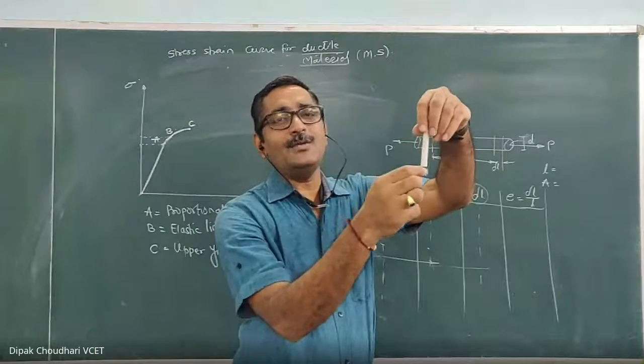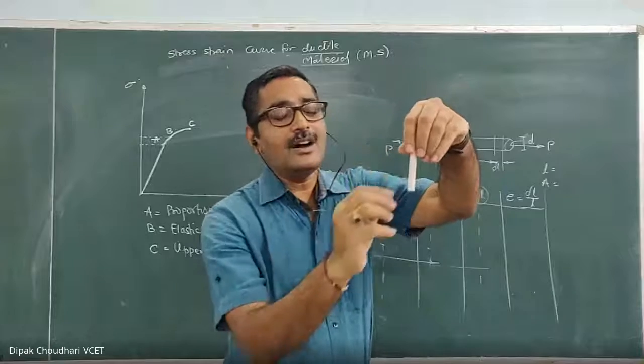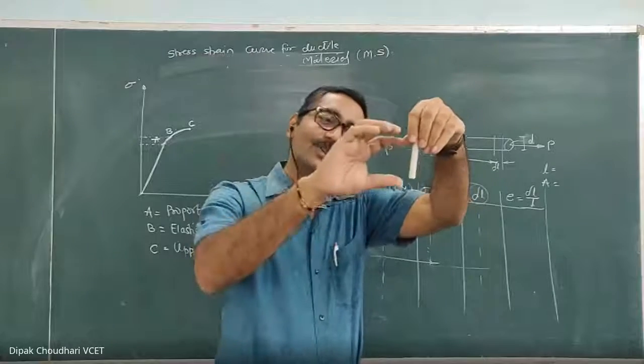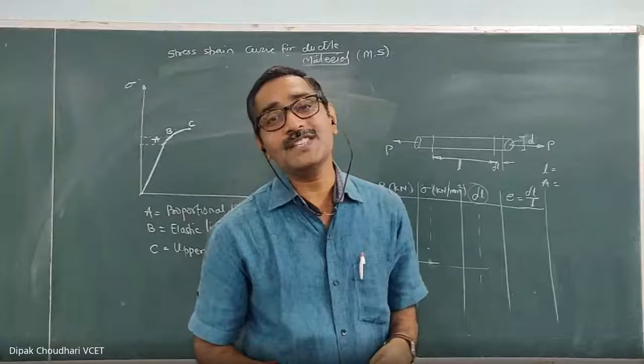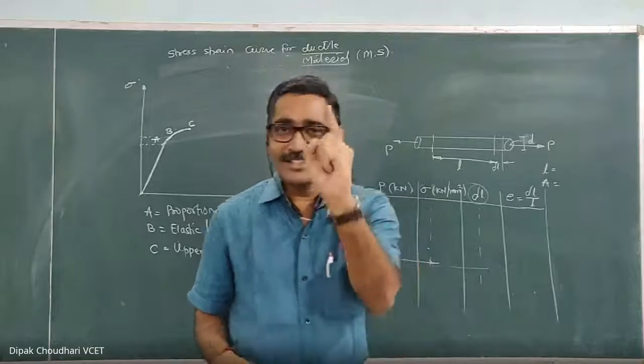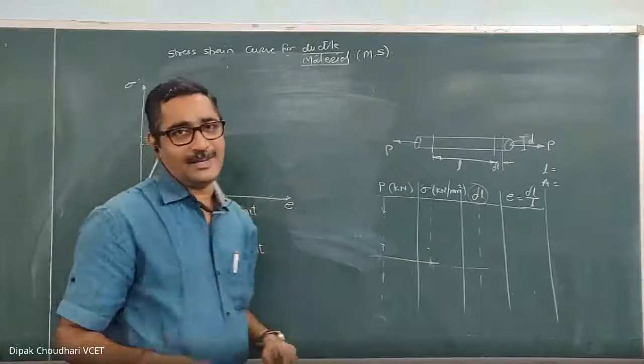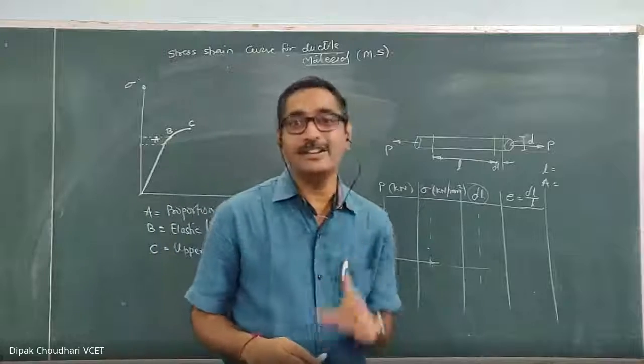Means even by keeping the force constant, there is some elongation. That process is known as yielding. And this yielding process takes place only in ductile material. Only ductile material shows yielding.